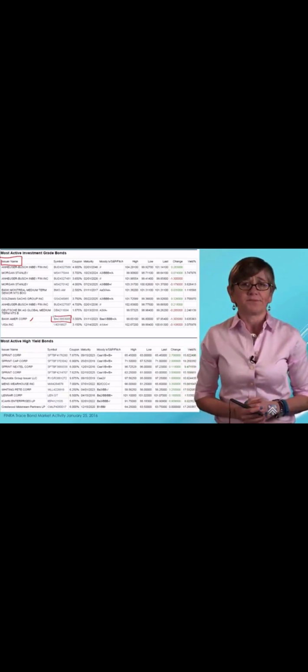Each row in this table corresponds to a different bond issue. In the first column, we see the issuer's name, for example, Bank of America. And the second column is the symbol associated with the particular bond issue, like the ticker.